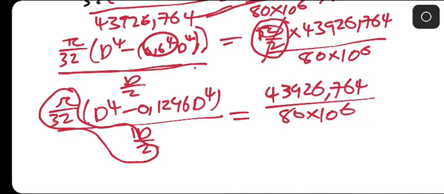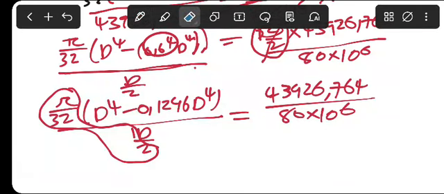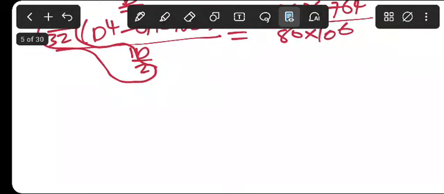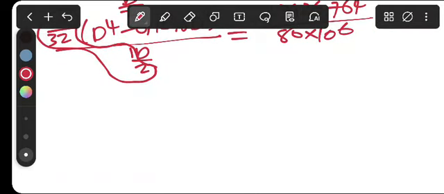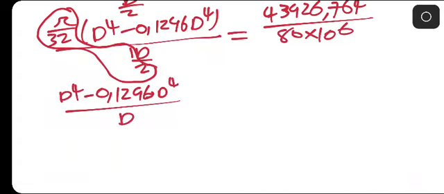I'll have d4 minus 0.1296 d4 all over d, then I divide by that.